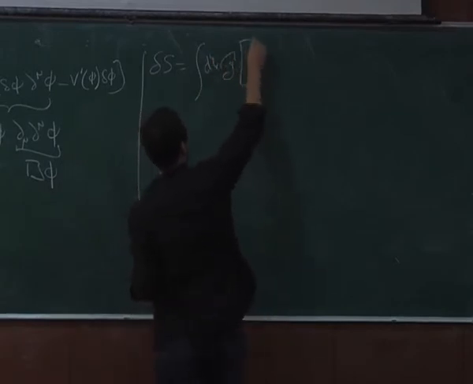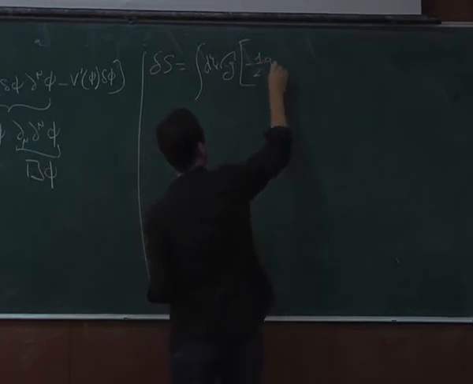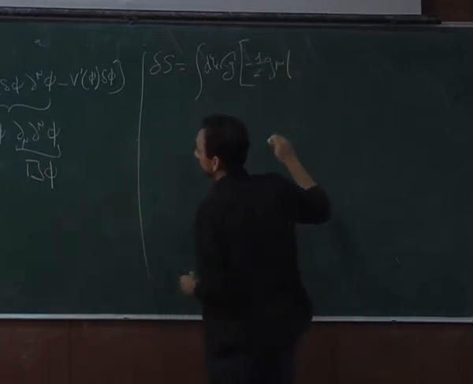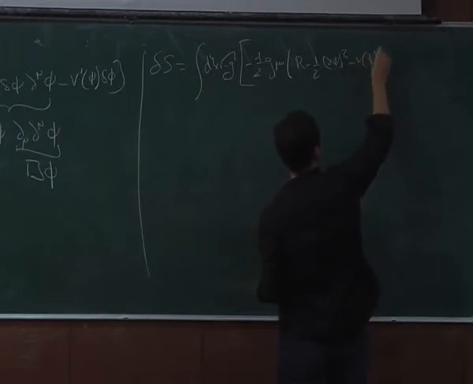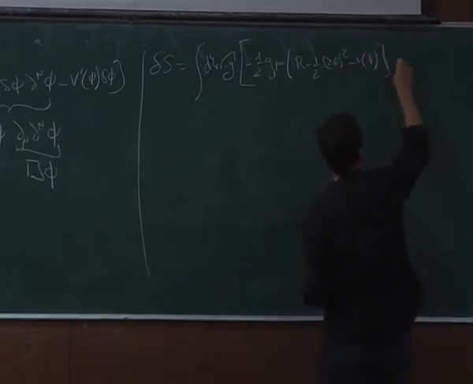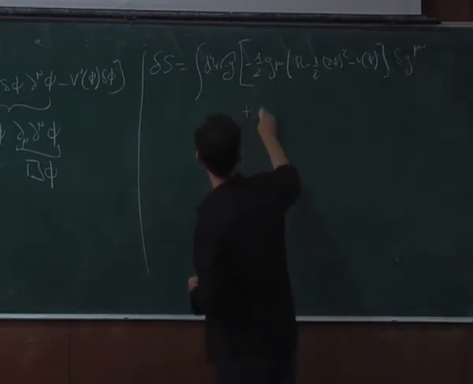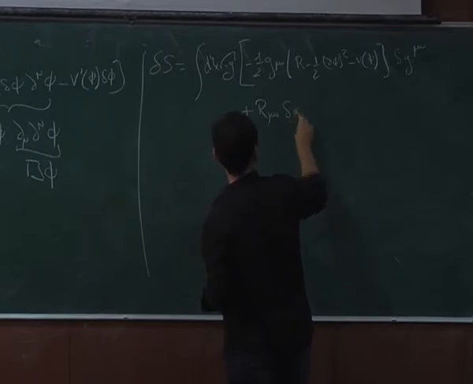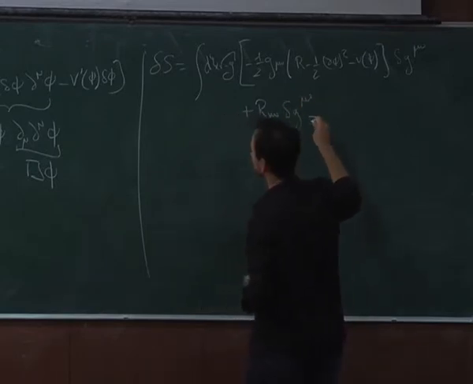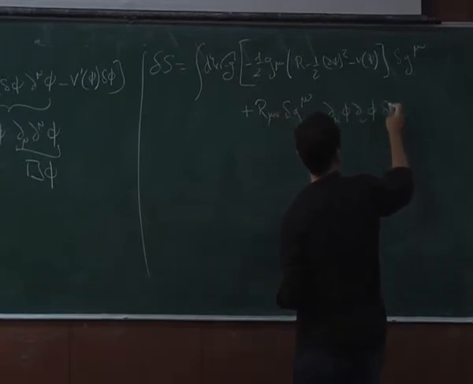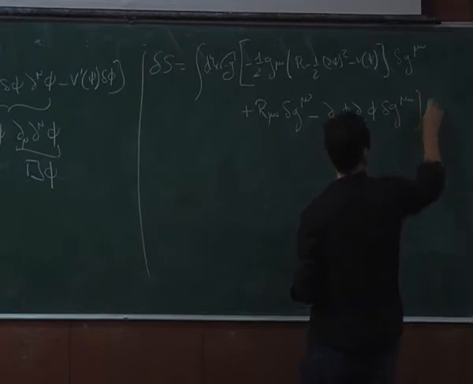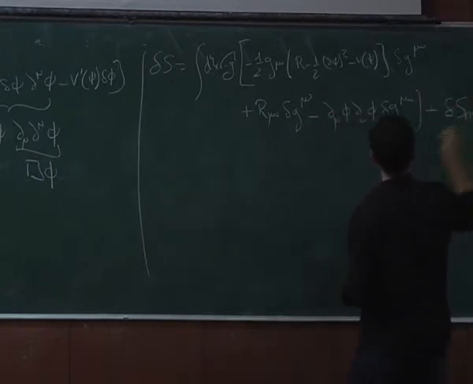So this will bring a minus 1/2 g_μν and the action, which was R minus 1/2 (∂φ)² minus V(φ), δg^μν plus R_μν δg^μν minus ∂_μφ ∂_νφ δg^μν plus the variation of the matter sector.